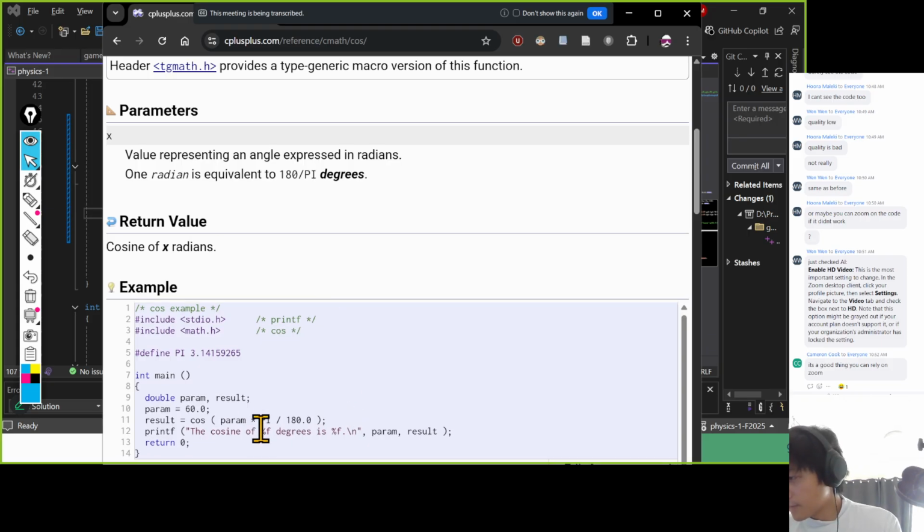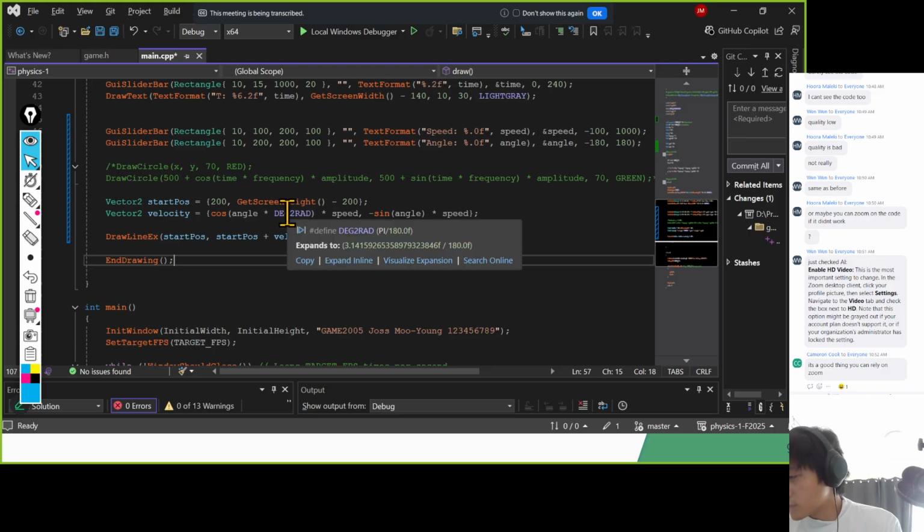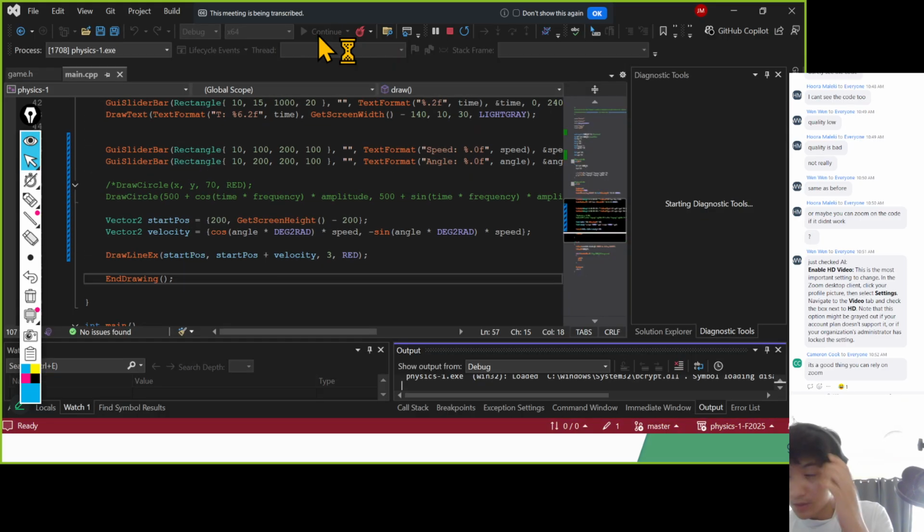So here they multiplied it by pi over 180 to get it done, because 1 radian is 180 over pi degrees. Here's what we could do: define a constant, pi over 180, and then multiply by that constant. Same thing is available in Unity. Okay, great. Let's do this.